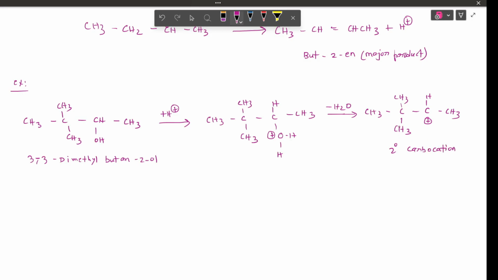It is less stable than a 3-degree carbocation. If there is a chance of rearrangement, then do the rearrangement. Here a 1,2 methyl shift is possible.